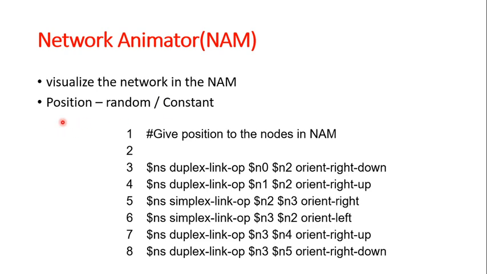So in that, let us deal with a few points here. If you want to deal with the position of the nodes, the position of the nodes can be random or constant. Whatever duplex links we created between the number of nodes till now, if you just made use of them, then the position of the nodes can be random, or I can say a dynamic variable. It may keep changing. The position of the nodes will not be constant. If you want to make the position of the nodes constant, then you fix a particular origin.